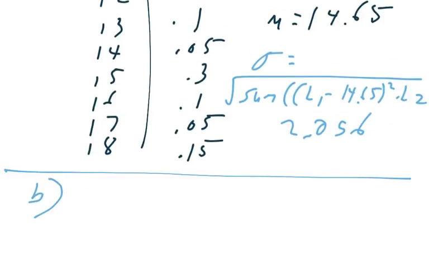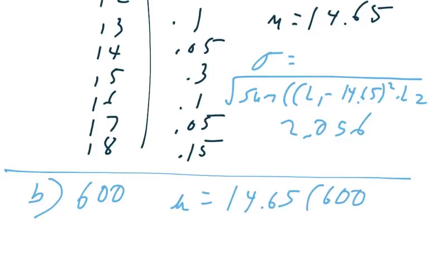For part B, it says that each hour costs $600. So if each hour costs $600 and we're looking for the tuition, all we would have to do for the mean is take 14.65 times $600, and that way we don't have to go through the whole process of figuring out how much it costs for each one of them.